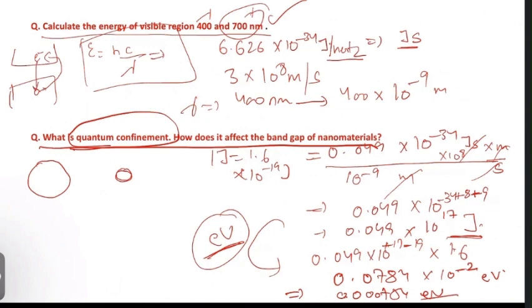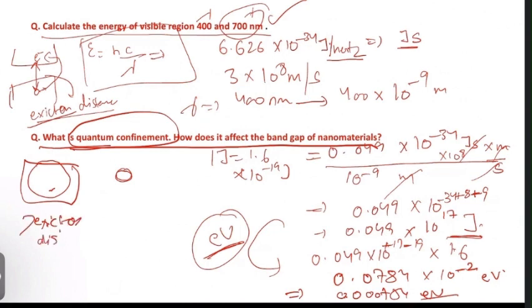This distance is called the exciton distance. This is a particle and there is some transition in it. If the size of the particle is greater than its exciton distance, then there is no quantum confinement.